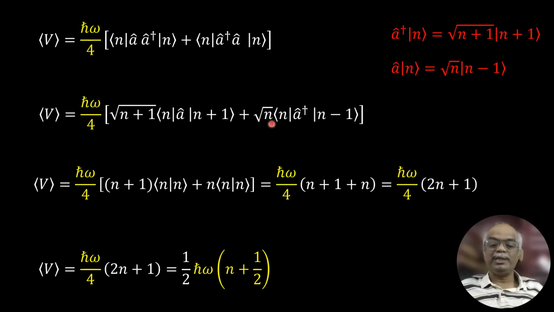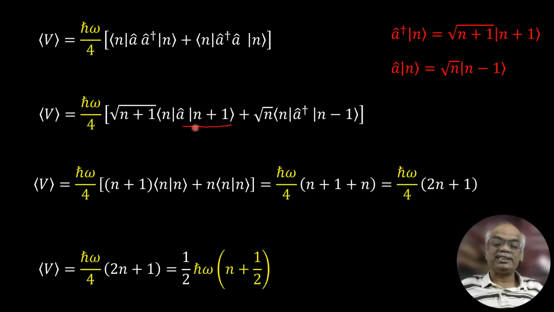Similarly, the next term, when a acts on n, it reduces the energy state by 1, that is n minus 1, with the expansion coefficient square root of n, that is, the square root of n I have taken out. Now what will happen when the annihilation operator acts on this n plus 1?